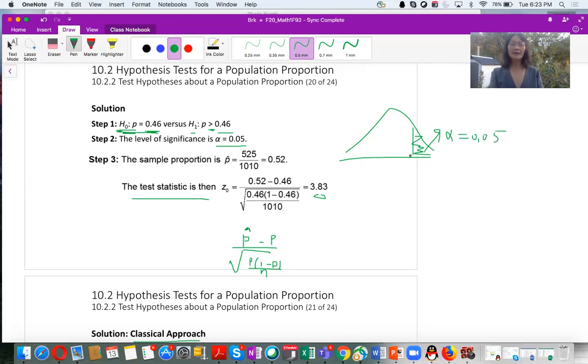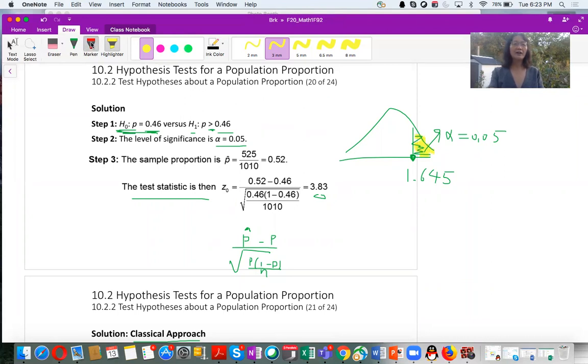When you have this area 0.05, go to the normal distribution table. This point must be 1.645, and we call this point the critical value. Remember, the critical value decides the rejection region. So this one is the rejection region.